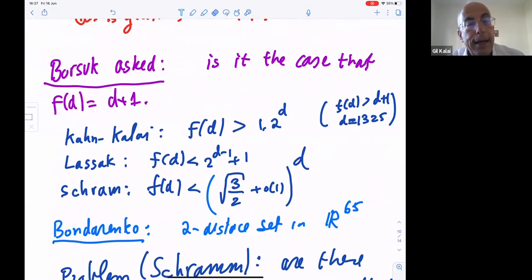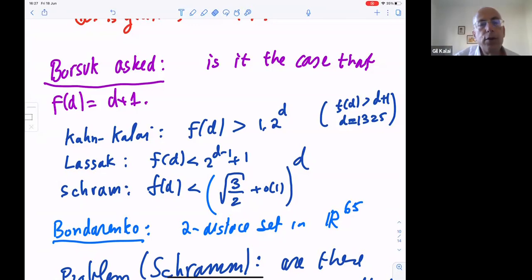And earlier, there were two upper bounds on the Borsuk number. One was by Lassak, who proved that F of D is less than 2 to the D minus 1 plus 1. Very nice proof. And another one by Oded Schramm, who proved that F of D is smaller than the square root of 3 over 2 plus little o of 1, to the power of D.